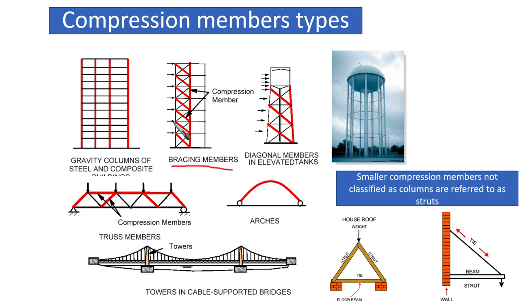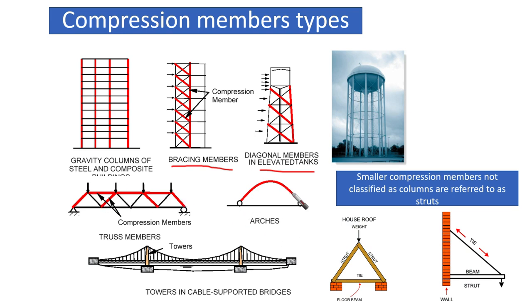You are going to find them in diagonal members and elevated tanks, which take lateral load purely by resisting it through compression. And you are going to find compression members in truss structures. As you can see here, these red elements are under compression, and the top chord as well.